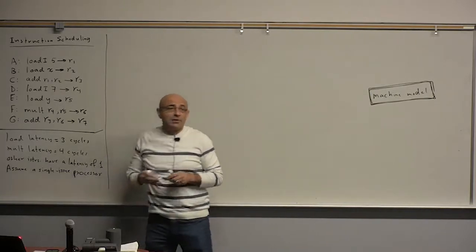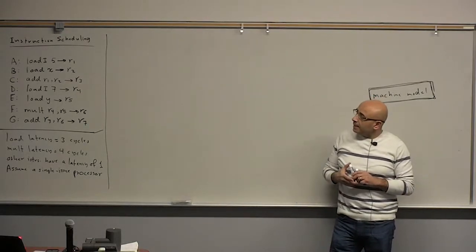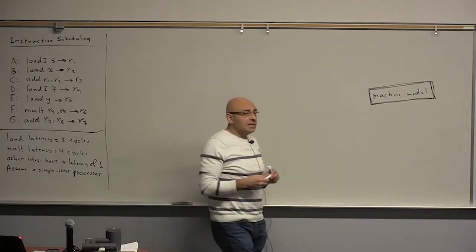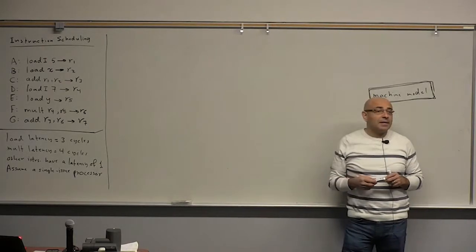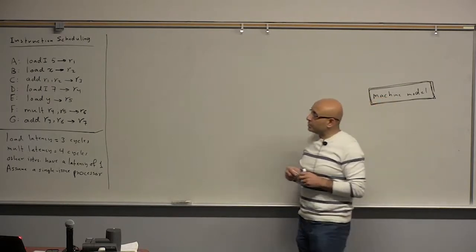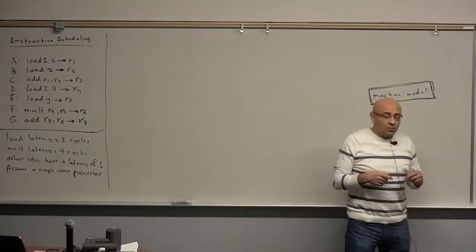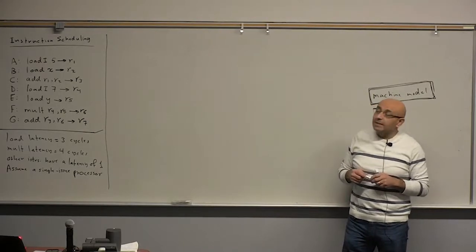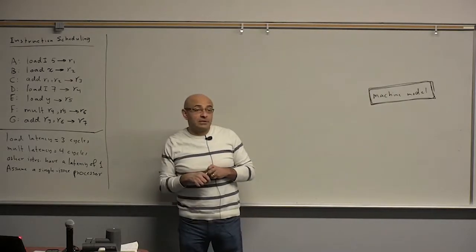So modeling is needed for accurate instruction scheduling. But luckily, most modern processors have out-of-order execution, so they take care of most of the scheduling of the instructions, leaving the compiler with only a secondary role if the processor has out-of-order execution.